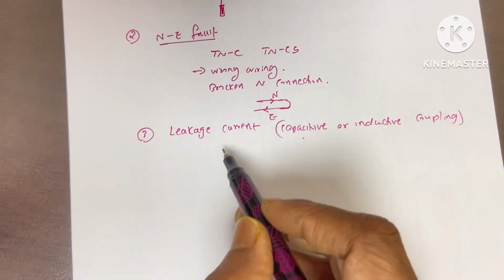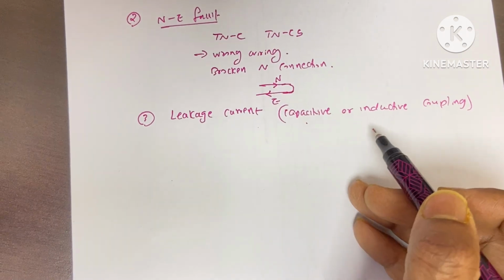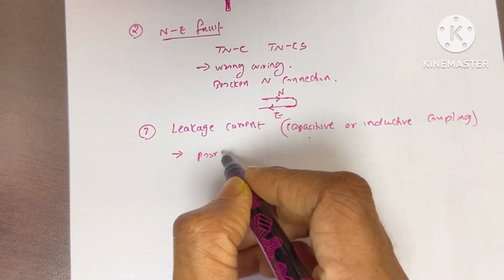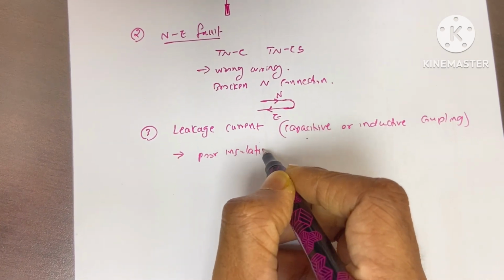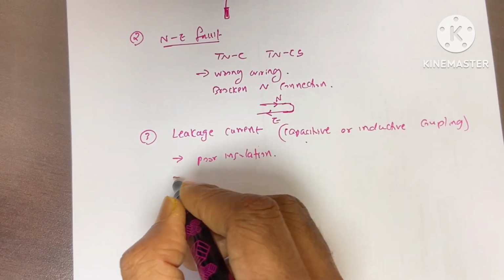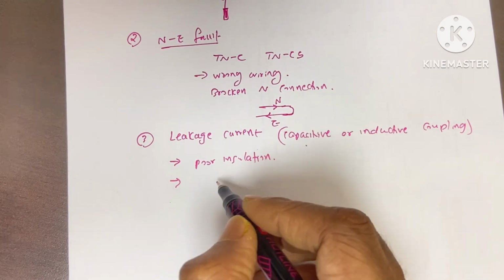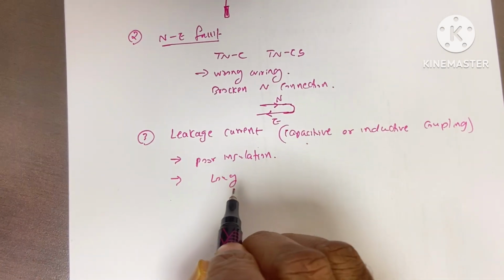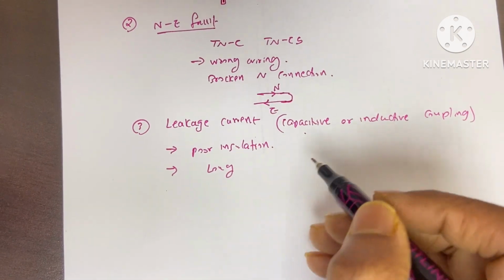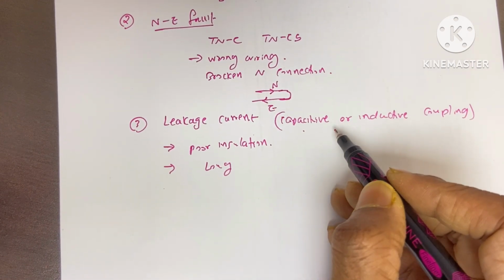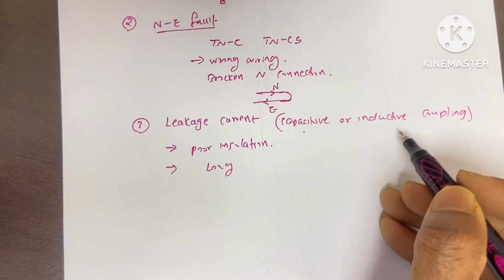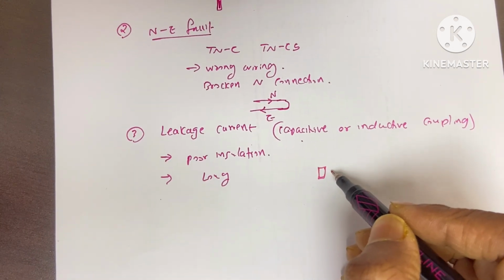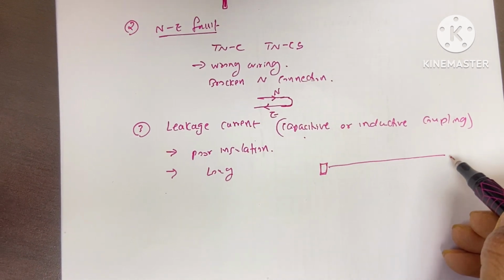This situation would arise from various reasons, maybe due to poor insulation of your system, or due to long cable runs, and due to those long runs, it would pick up inductive or capacitive coupling. Suppose your load is over here, and the power connection comes from a long distance.